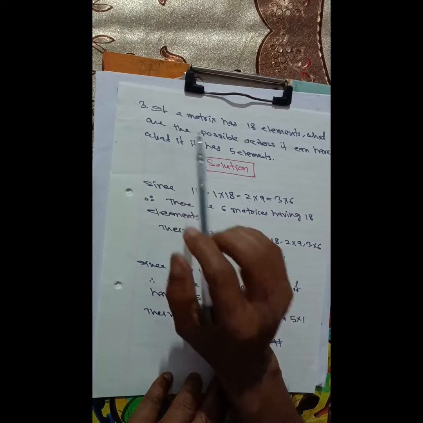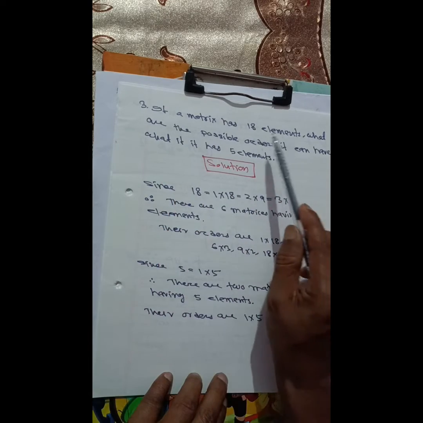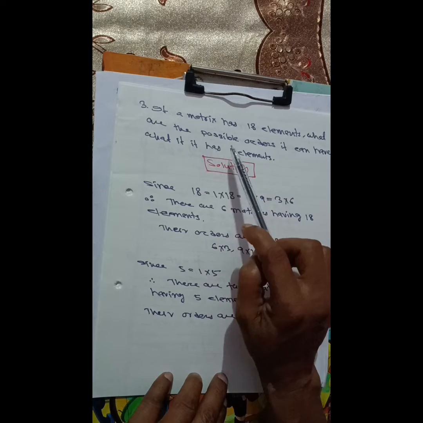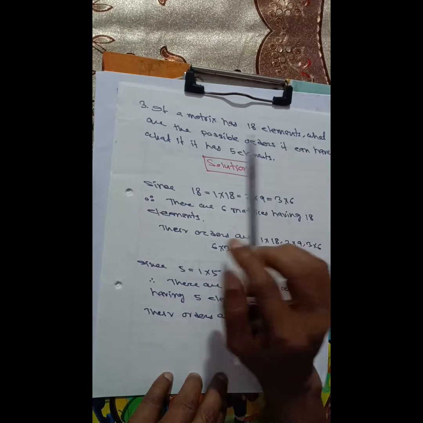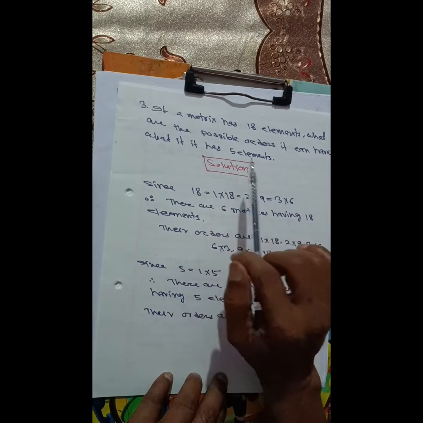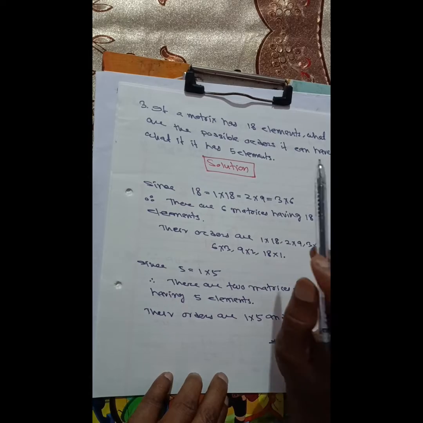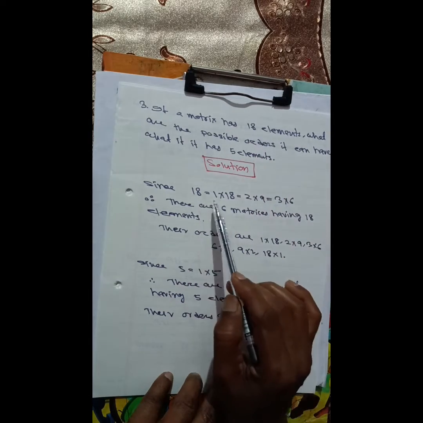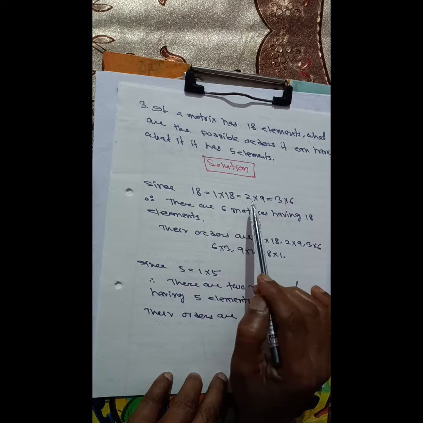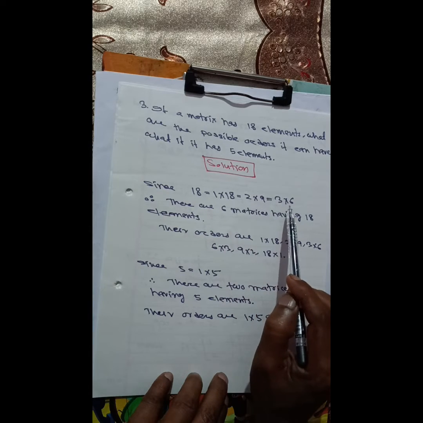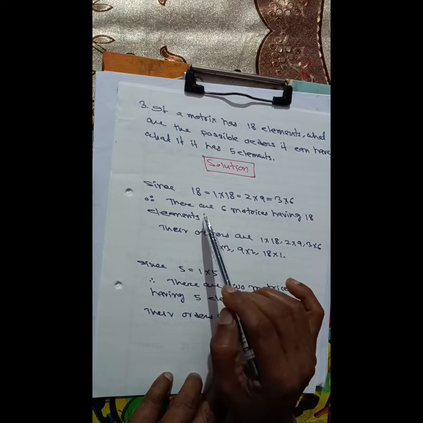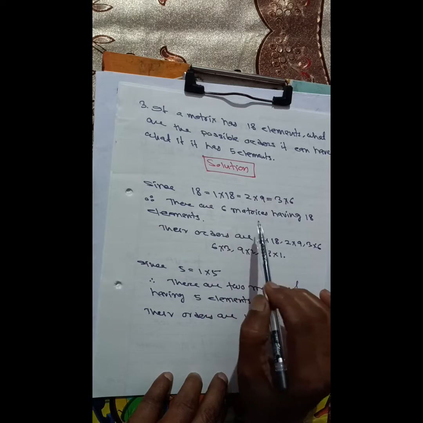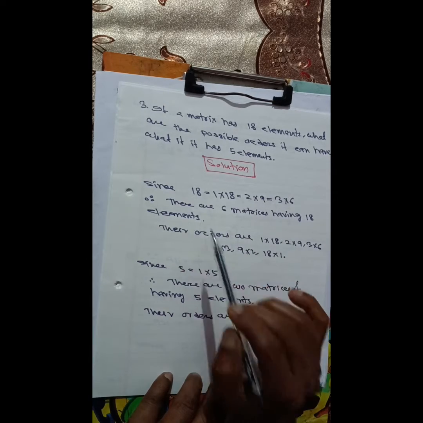Similar question. If a matrix has 18 elements, what are the possible orders it can have? What if it has 5 elements? Since 18 can be written as 1 into 18, 2 into 9, 3 into 6, there are 6 matrices having 18 elements.